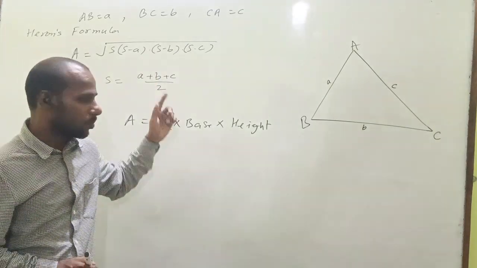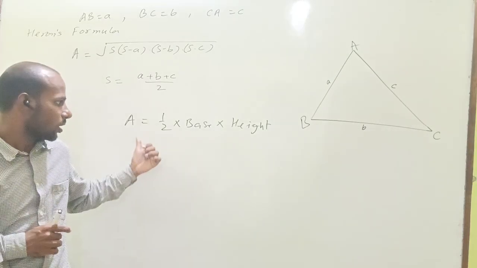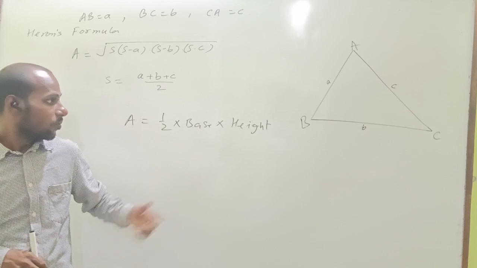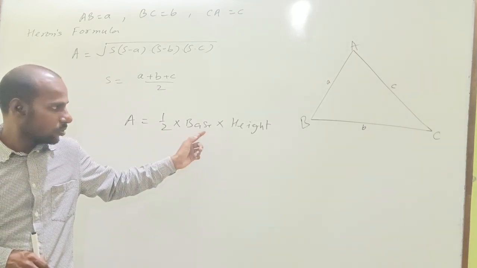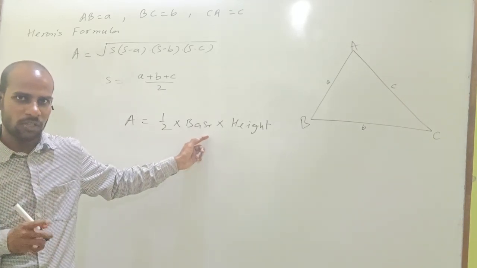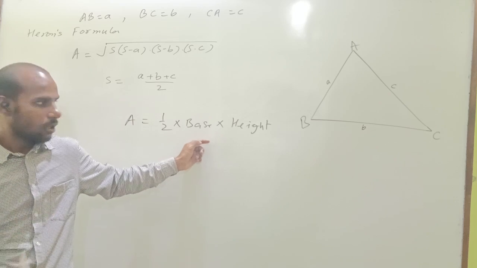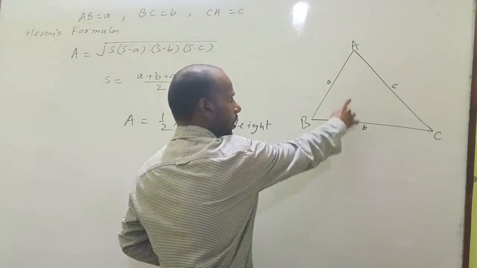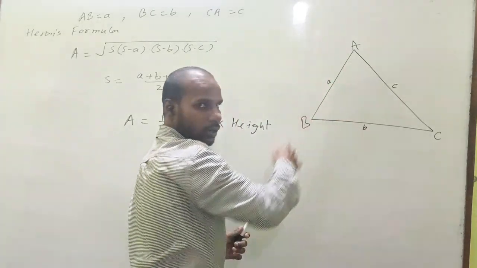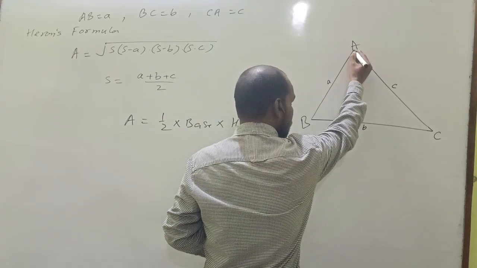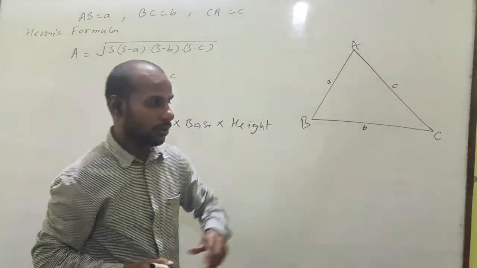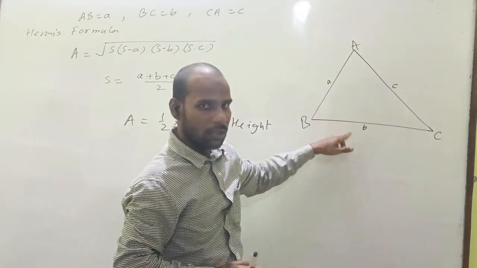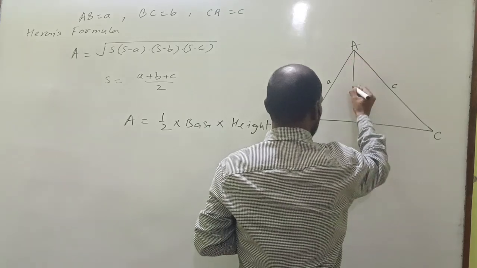We need this formula because in the earlier formula, A is equal to 1 upon 2 base into height, there was a limitation. We needed a base and according to this base, we needed a corresponding height that was called altitude. If we choose the base BC is equal to B, then we need the corresponding height of this triangle, and we know that the corresponding height is the perpendicular from this vertex to this side, and that is suppose h1.